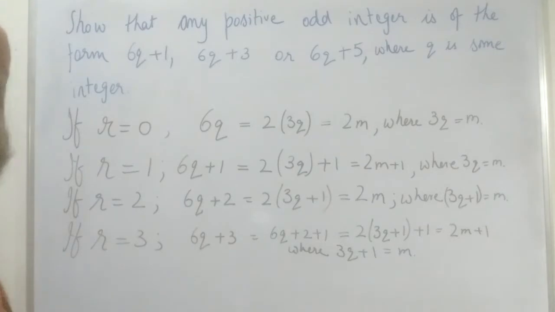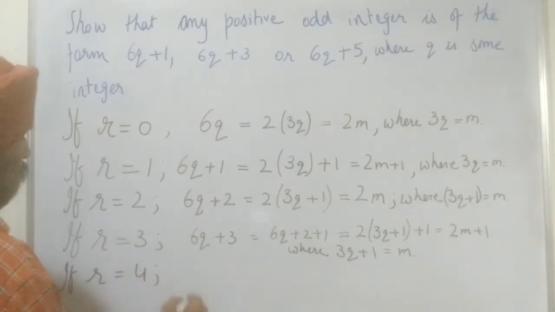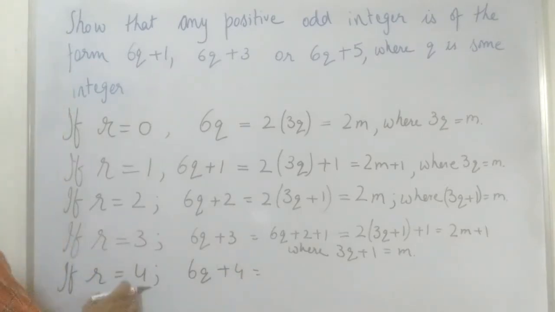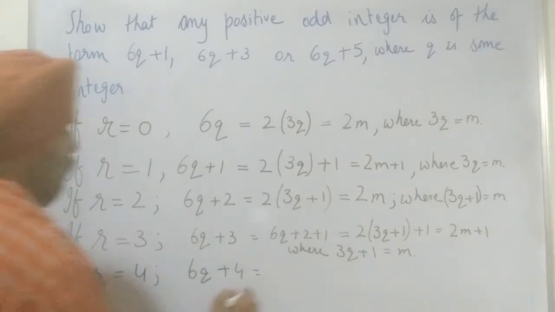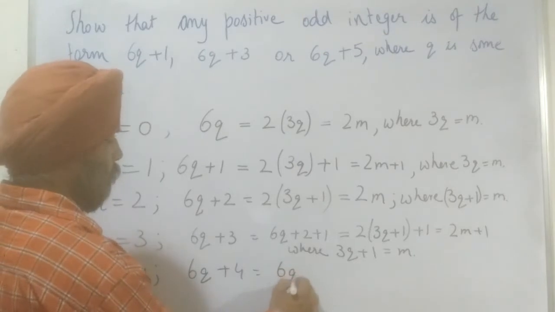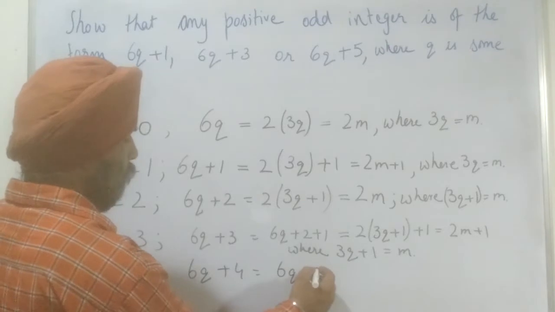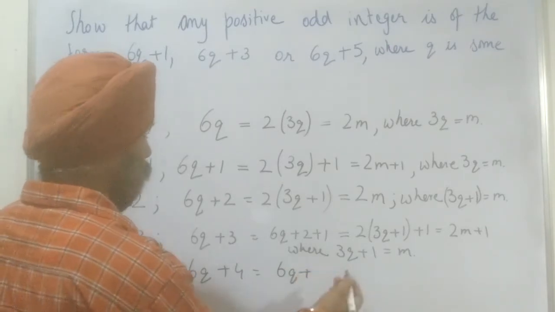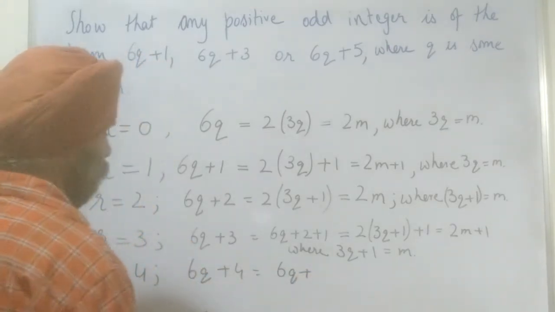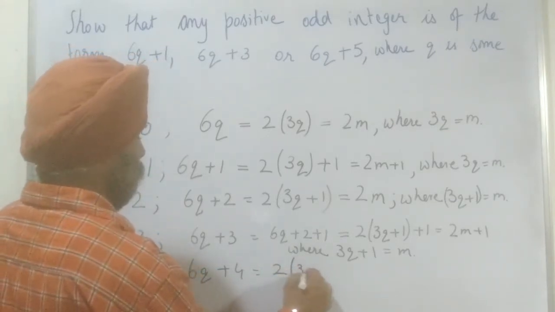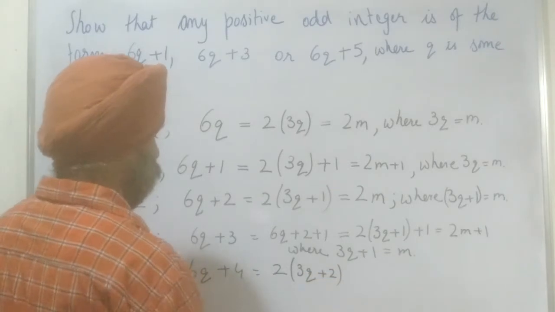Now we are going to take the next condition. Now what is the next condition? If r is equal to 4, then what? Okay, it is 6q plus 4, right? Because remainder is 4 here, so we can take it like this. So 6q plus 4. We can take it as 4 only, because it is a multiple of 2. So let's take common 2 here, and it is 3q plus 2.